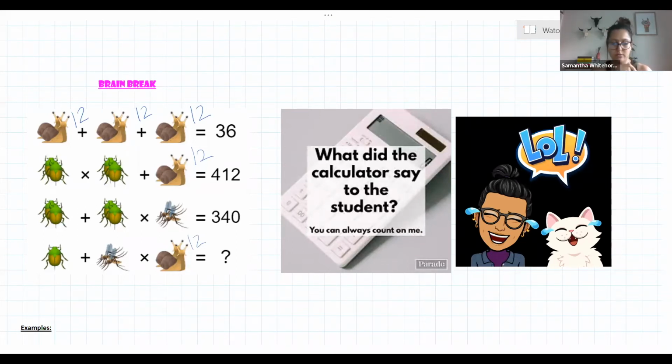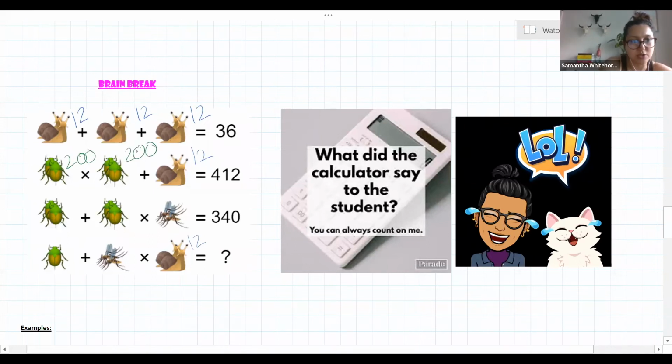Okay, so just double check. If we have 200 times 200, that gives me 40,000. So would you agree that the 2 beetles rather are actually 20, because 20 times 20 gives me 400, and then plus the 12 gives me 412. Do you agree? Yes, ma'am. Okay, good, well done.